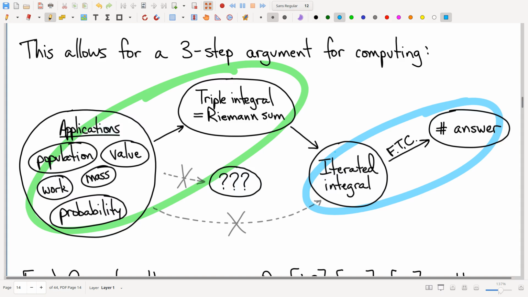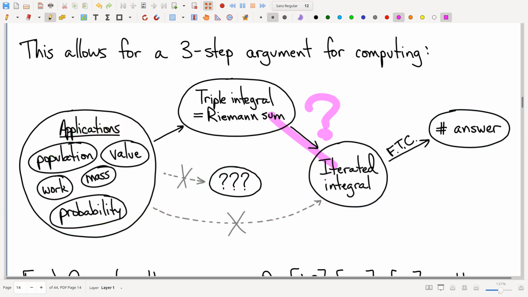So here we find ourselves again needing to know, is there a relationship between triple integrals and iterated integrals? And you may recall that at this moment in our development of double integrals, there was this 3-dimensional idea of volume that we could cleverly compute a couple of different ways and draw a conclusion, and that worked really great. But now, sadly, this is a 4-dimensional problem, as previously discussed.